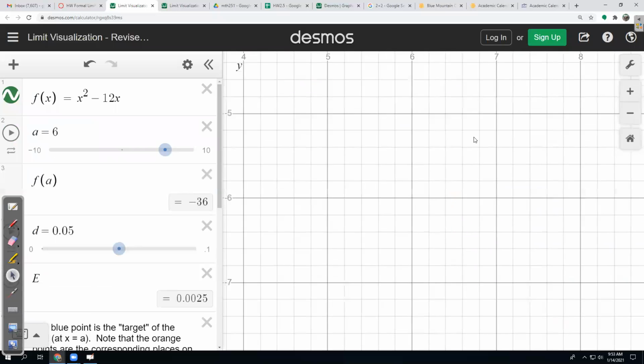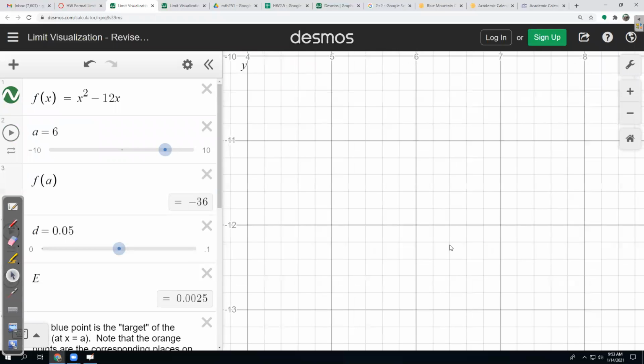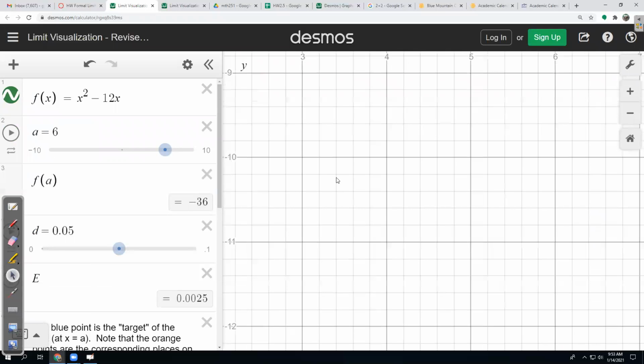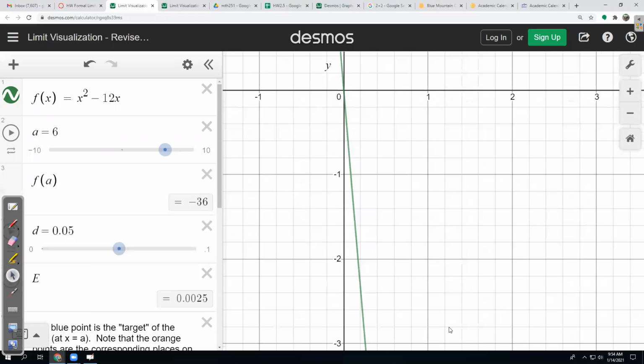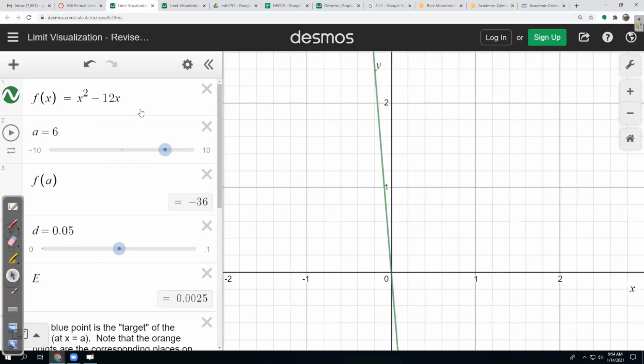And sometimes the graphicalness of it falls apart at that point. So it's not necessarily useful for all functions. But for some of the basic ones, it's pretty good. You plug in your function, you plug in your value for a, it calculates L for you, and then you can play with delta and see what epsilon looks like, which is pretty awesome. So that could be useful for some of the other problems before number 6. All right, it is time for me to officially shut up.